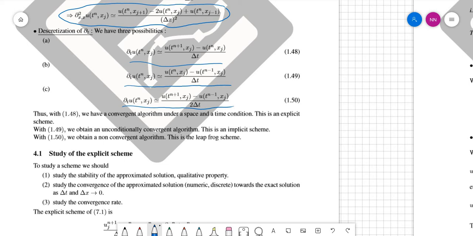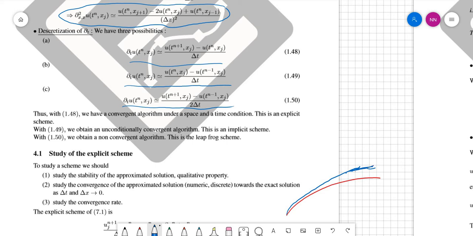So if your exact function goes like this, and the approximation follows like this, okay, the question is: is there somewhere where the approximation function will no longer bend to follow the red exact function?